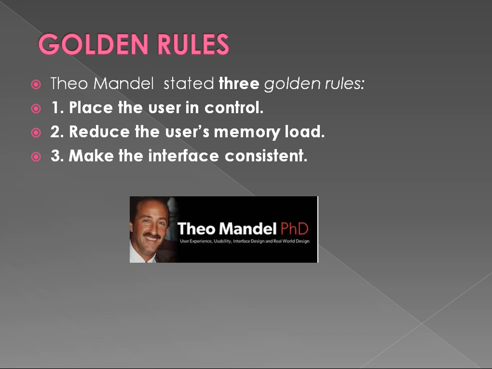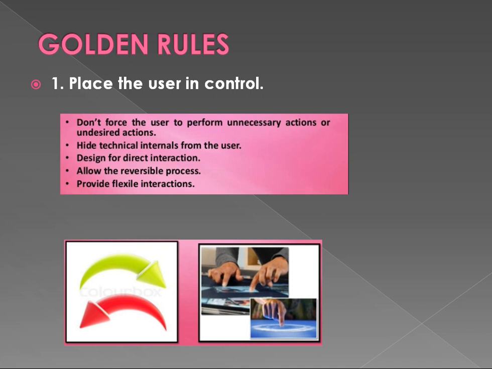Let us see. There are three important golden rules. These golden rules are stated by Theo Mandel, right? Those three important golden rules are: first, place the user in control; second, reduce the user's memory load; third, make the interface consistent. What is the first one? Place the user in control.